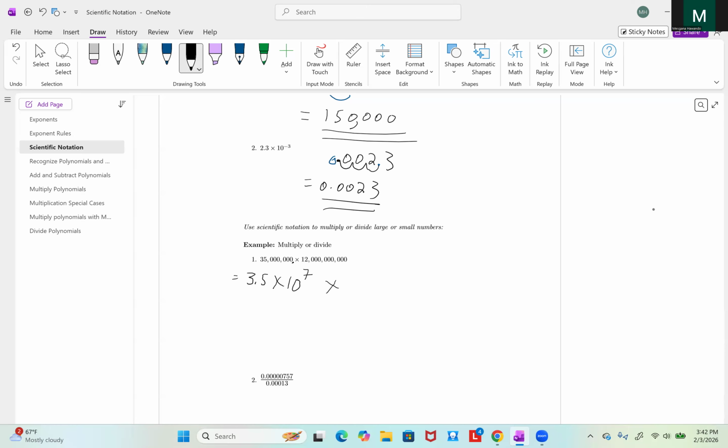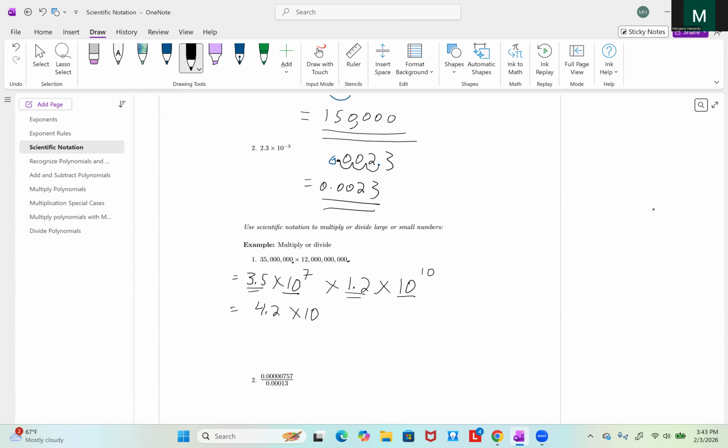And for the second number, the decimal point is here. To move it between 1 and 2, we count 3, 6, 9, 10 places. So 10 to the power of 10. We multiply the 3.5 and the 1.2. We can use a calculator, and that value is equal to 4.2 times 10 to the power of 7 times 10 to the power of 10.